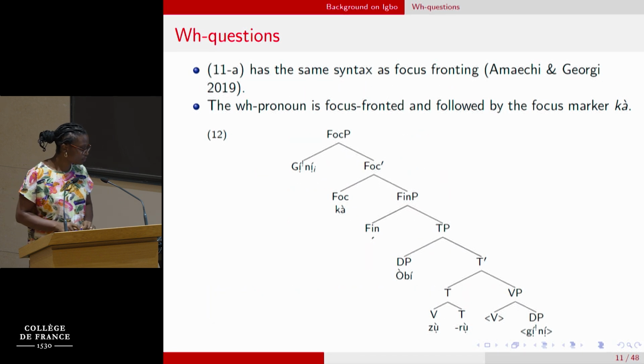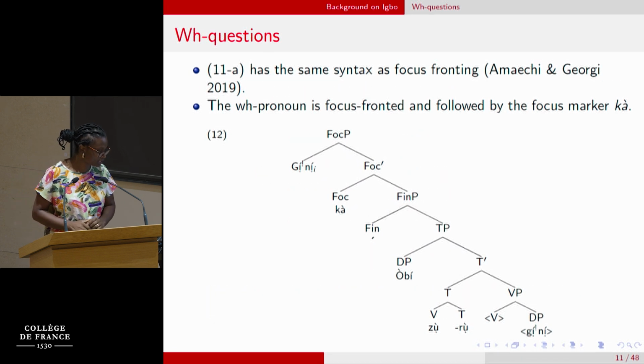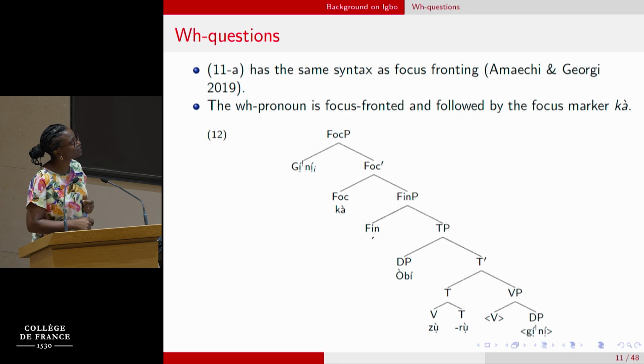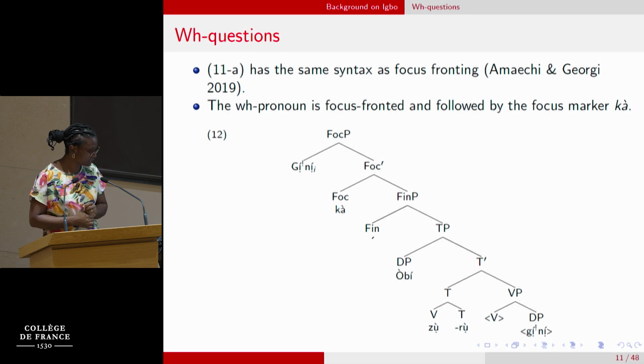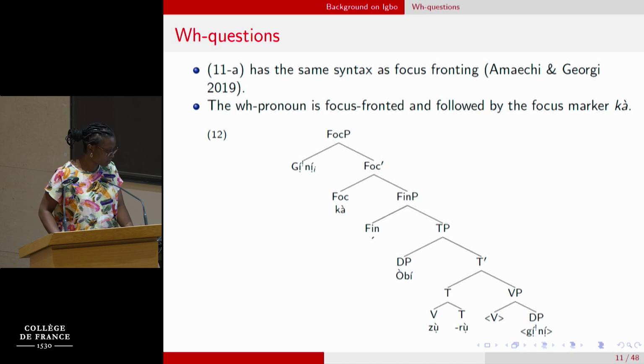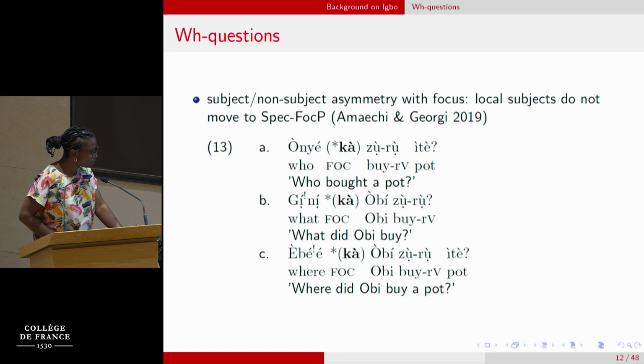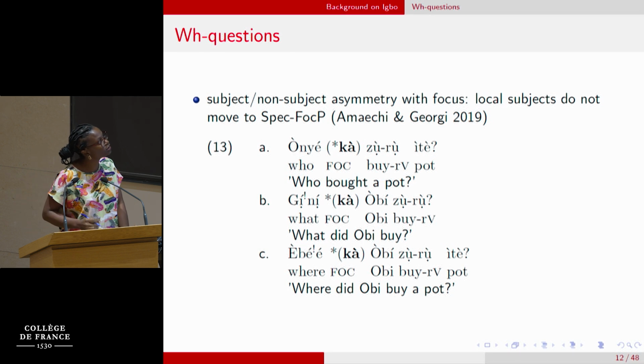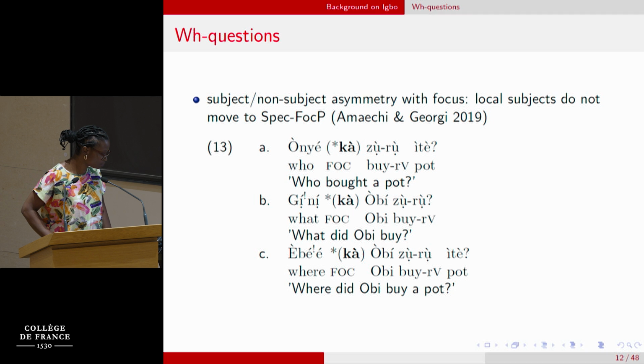For those involving focus movement, the analysis I proposed in my dissertation is as in 12, where you have this overt movement of the WH element. And then in Igbo, I also postulated that the Fin head is actually realized with a floating tone, which we always see on the subject in the specifier of TP. So the data here is showing the subject-non-subject asymmetry that we've shown in earlier work with Doreen.